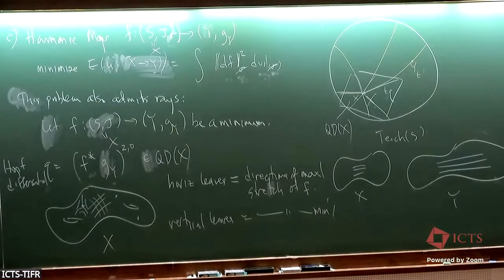In the second case, do the stretch lines foliate? Oh, in the Thurston metric? No, because you have this complicated picture of geodesics.